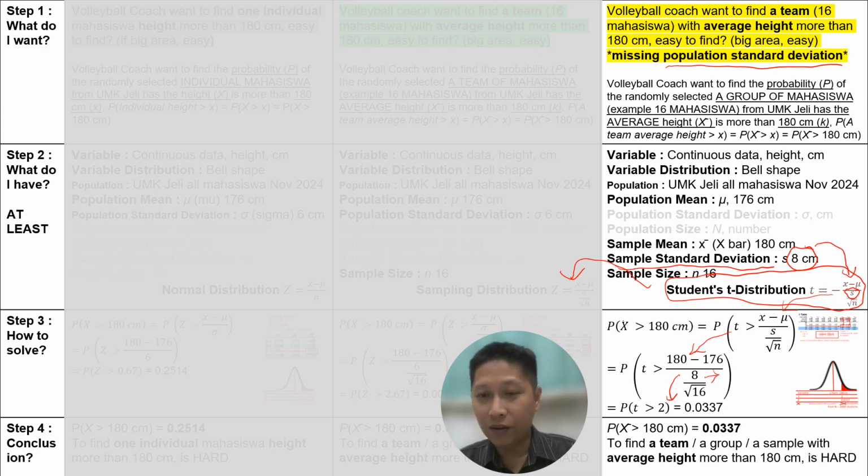We need to find the ratio between the t and the p. At the end, when t is 2, it is equivalent to a probability of 0.0337. So it's a very small number, which means that it is very difficult for the volleyball coach to find a team that is more than 180 cm or above.